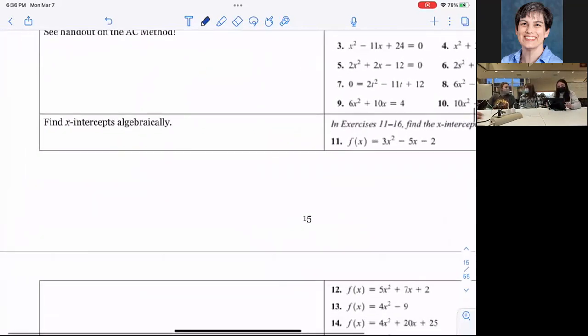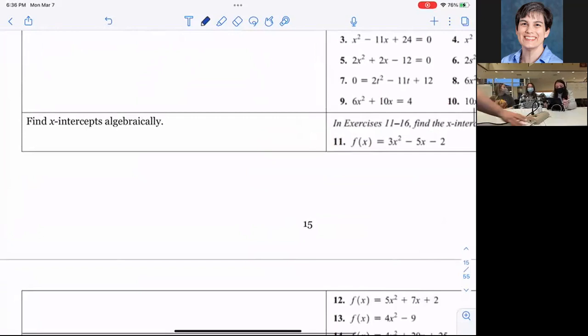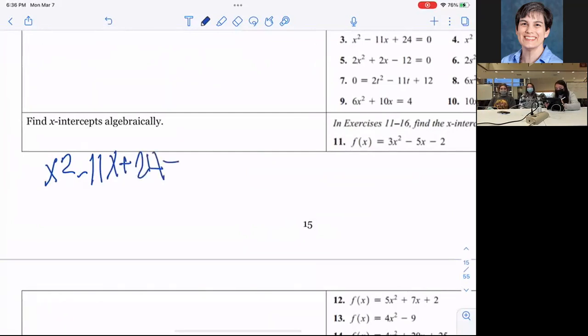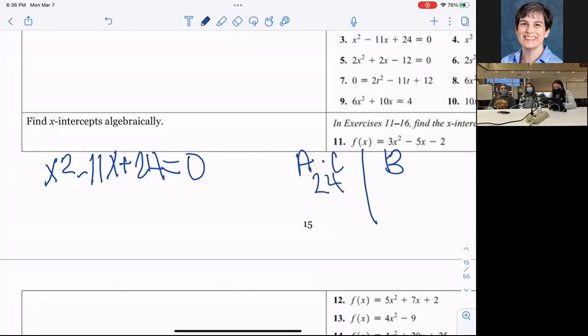So 3, I'm gonna move down to the bottom here. 3 is x squared minus 11x plus 24 equals 0. We're gonna use the AC method. It's A times C on one side and then B on the other side of the table. So we have 1 times 24, which is 24, and then the negative 11.